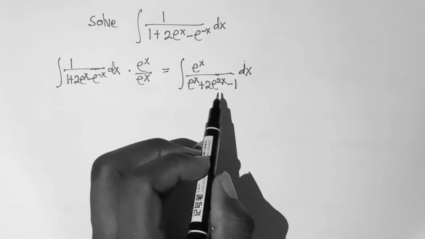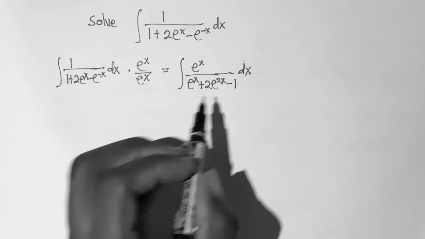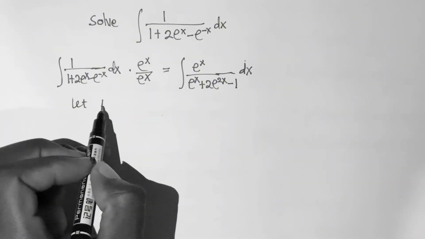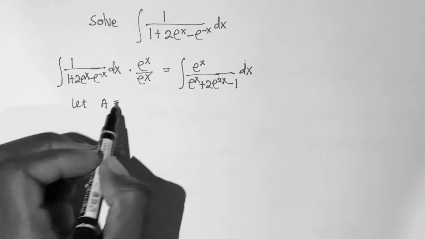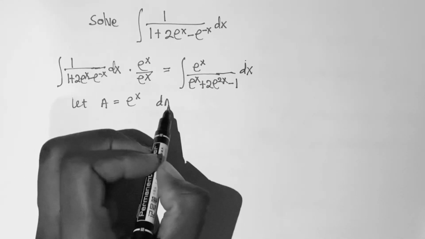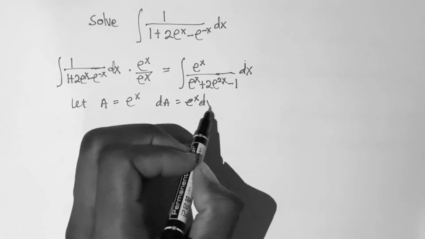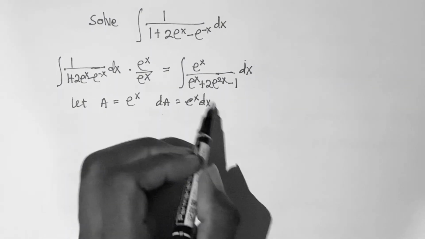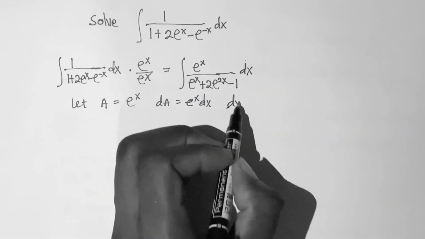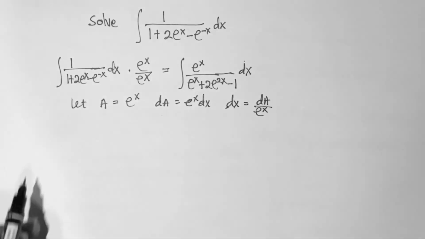Having gotten this, let's let capital A be equal to e to the x. So it implies that dA is equal to e to the x dx, which is, if you differentiate e to the x, you get e to the x dx. So this means that dx is equal to dA divided by e to the x.